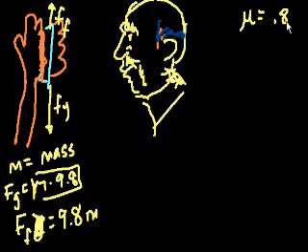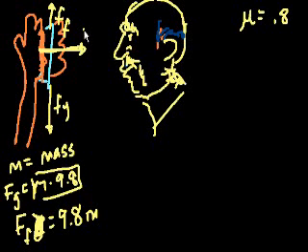So if the coefficient of friction is 0.8, what is the force that I have to apply? The force I have to apply in this case is going to be the normal force, normal to the bottom of the pie. My hand is now like the surface of the ramp.